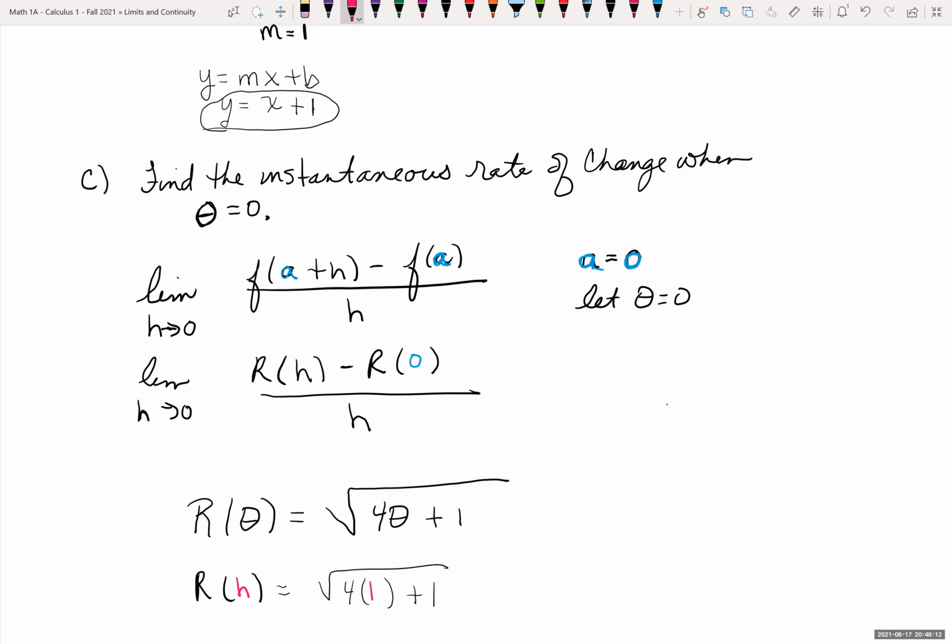I'm not substituting in a number in this case, I'm substituting in a variable, h. So I'll simplify that: it's the same thing as the square root of 4h plus 1.